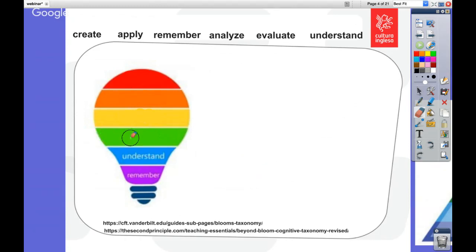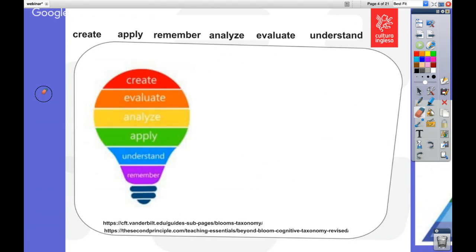The third one, apply. Are we together? Yes. Analyze and evaluate and create. This is the renewed Bloom's taxonomy order, okay?